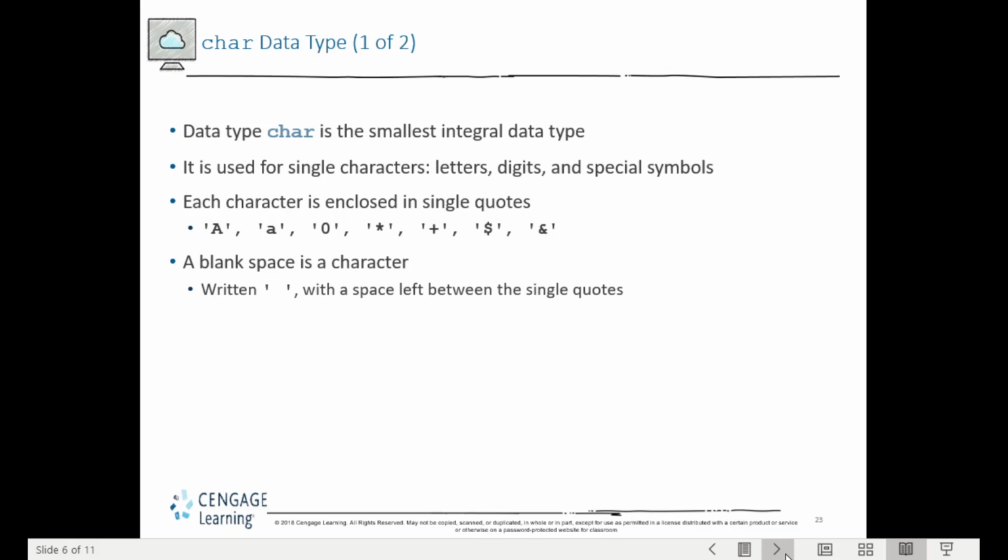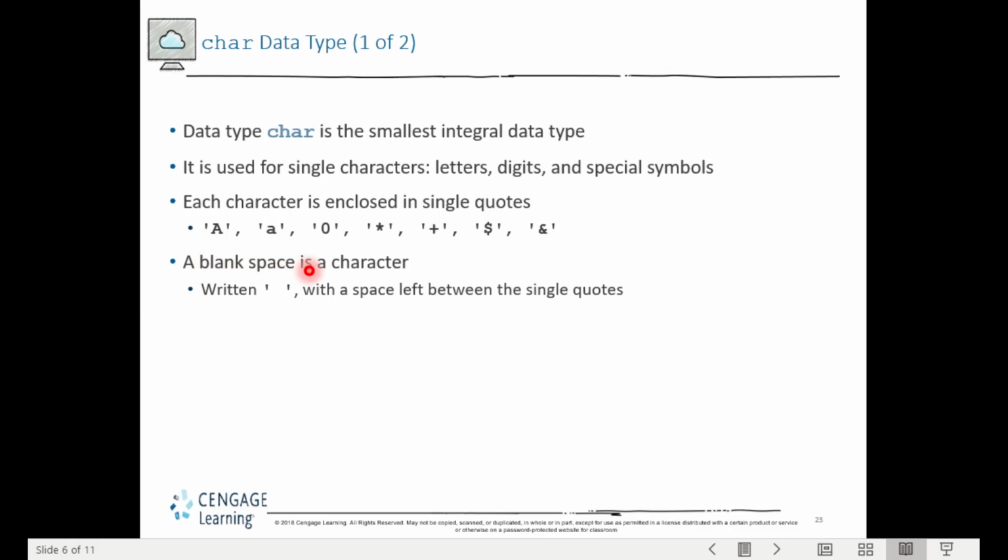Next, we have the character data type. Character is the smallest integral data type. If you look at the table, the compiler will allocate only 1 byte for a character. It is used for a single character, meaning that whatever character you have on your keyboard, we can represent it using a character.